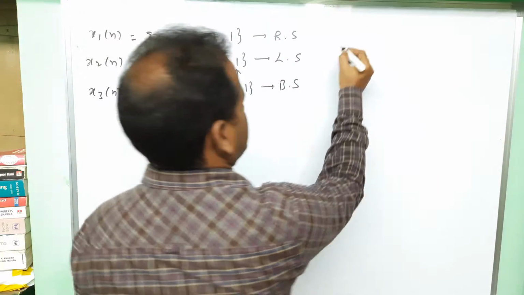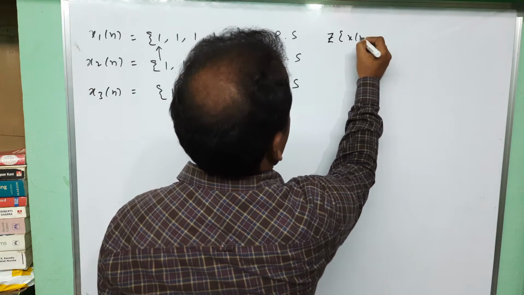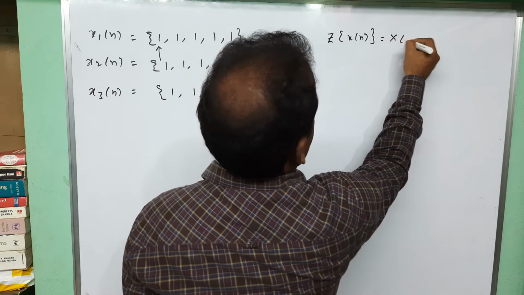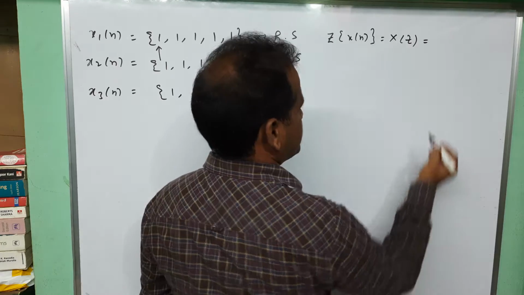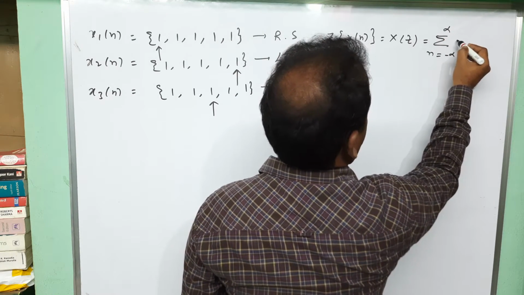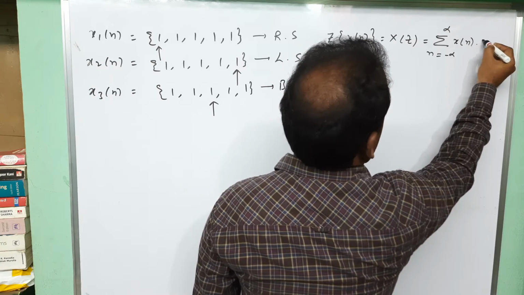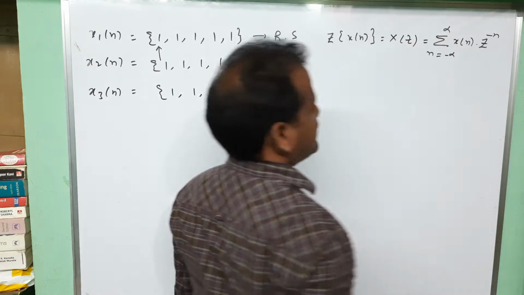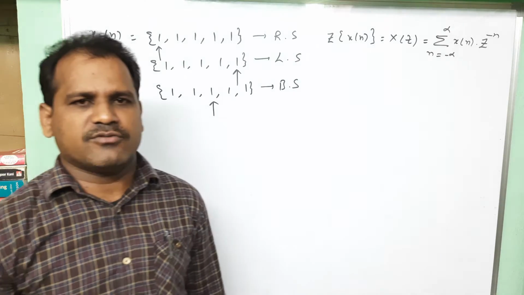Fine. The Z transform of a given signal x of n is x of z, which is equal to the sum of n from minus infinity to plus infinity of x of n, z raised to minus n, which is the standard Z transform formula.